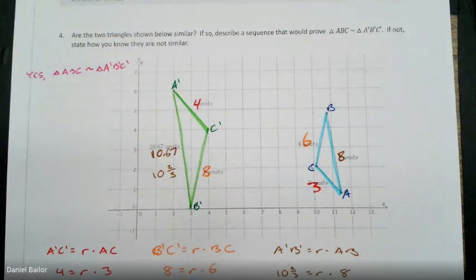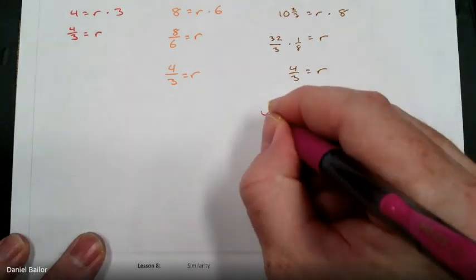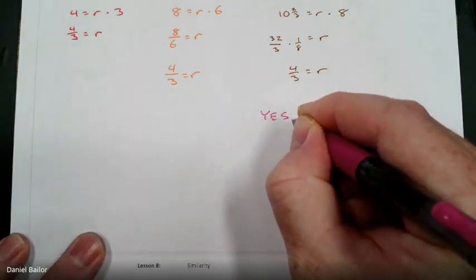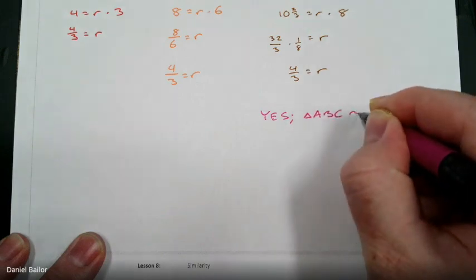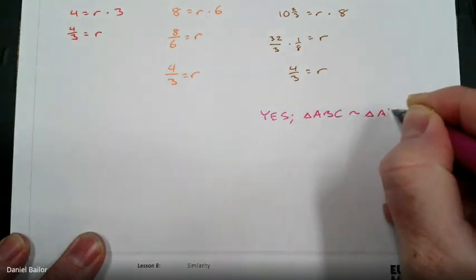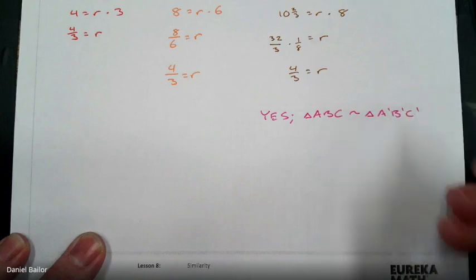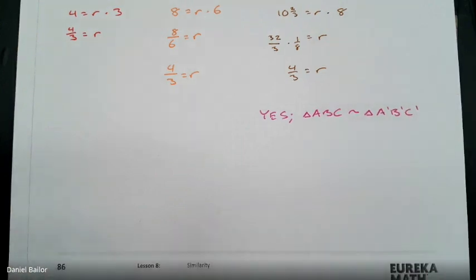Yes, they are similar. I kind of crammed that in there. Let me write it again bigger at the bottom. Yes, triangle ABC is similar to triangle A prime, B prime, C prime. They are similar.